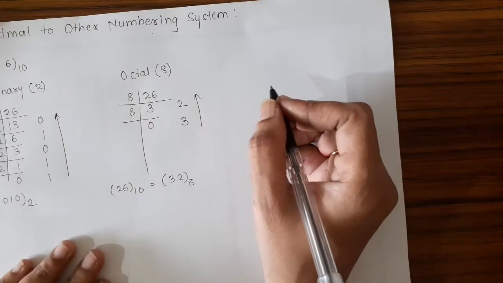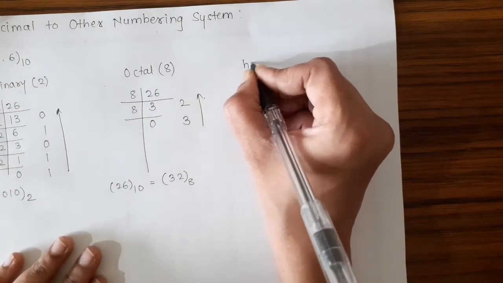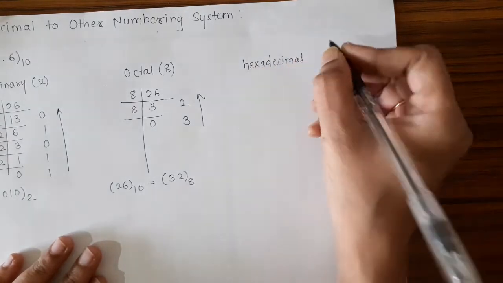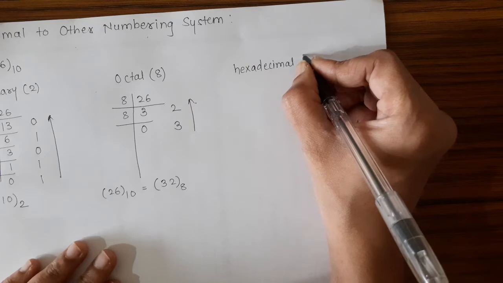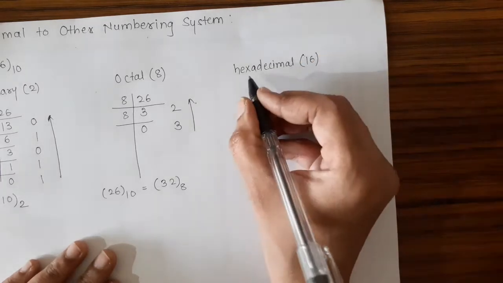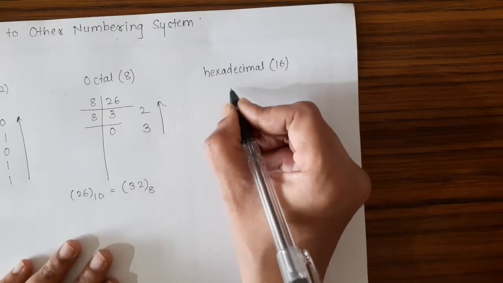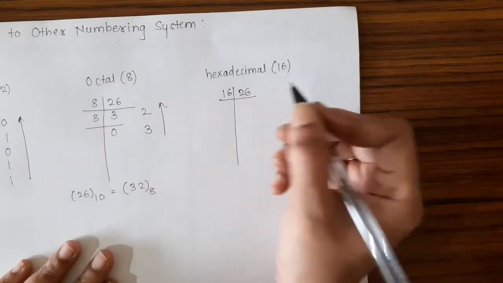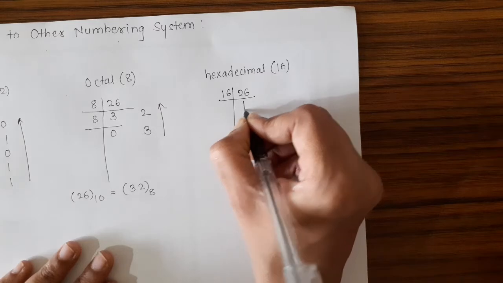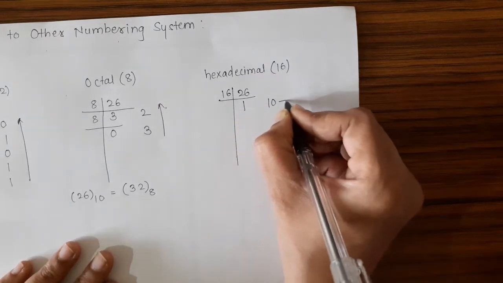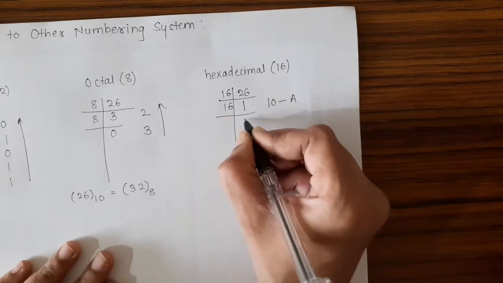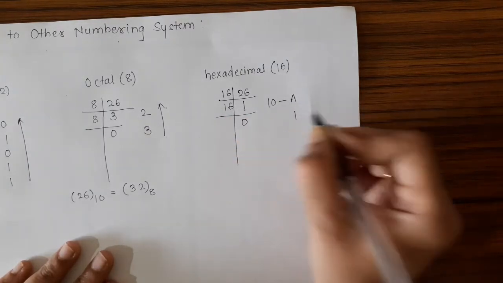Then coming to the hexadecimal numbering system. Hexadecimal has base 16. So for the given number 26, we have to divide by 16. 16 ones are 16, remainder is 10, which has the character A. 16 zeros are 0, remainder is 1.